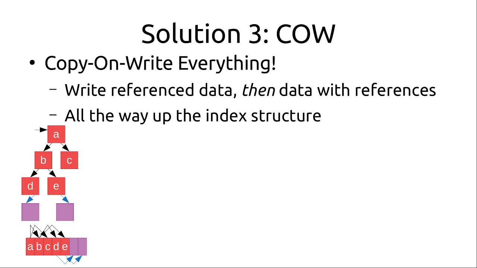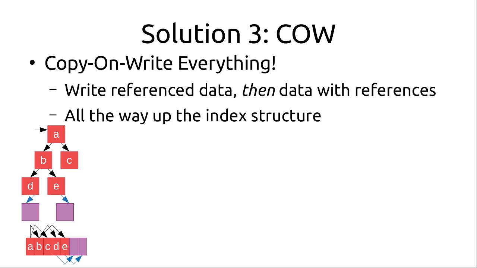The difficulty, as we'll see through a few examples, is that this requires that we copy and write not just a single inode or a single piece of data, but usually the entire index structure on up to the root. This can be quite bad. These next generation file systems don't do that version of things, and I'll talk about one trick that we can play to get around it. But a naive application of copy and write is going to be complicated.